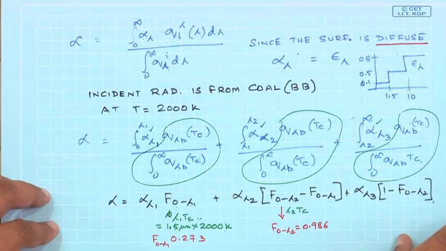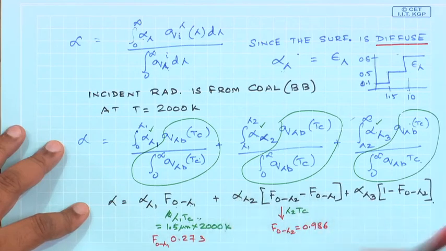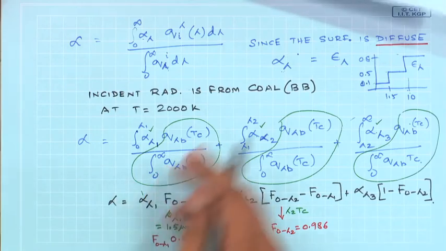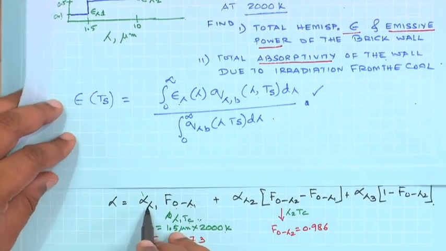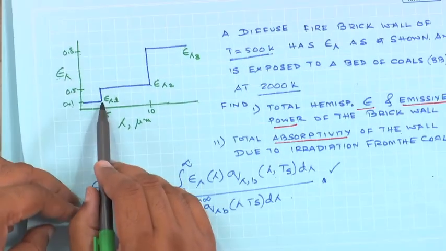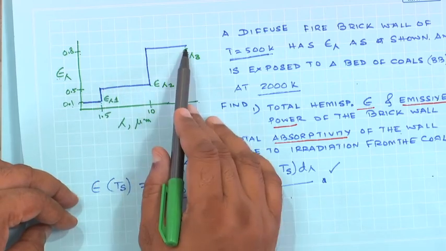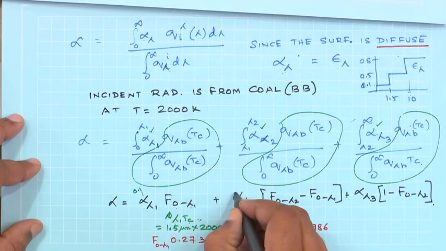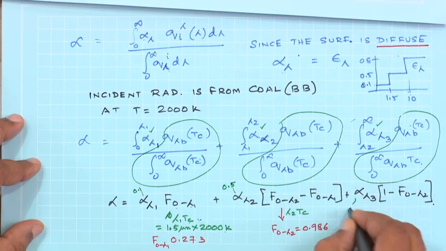Once you do this, the final value of alpha after you put these things: if I look at the profile again, alpha lambda 1 is 0.1, lambda 2 is 0.5 and this is 0.8.